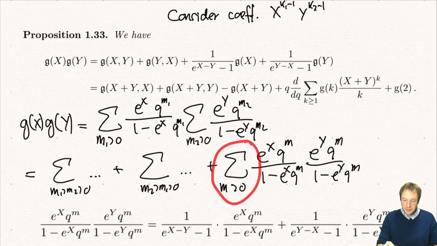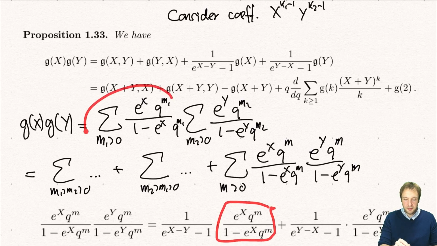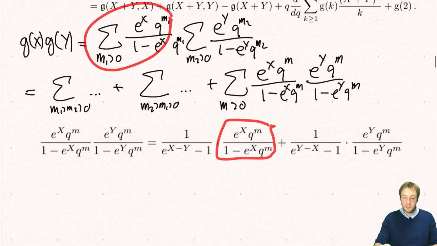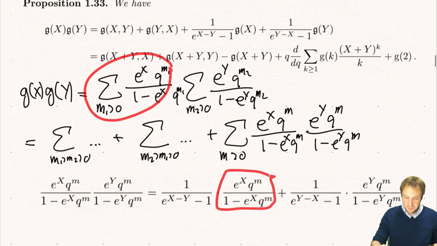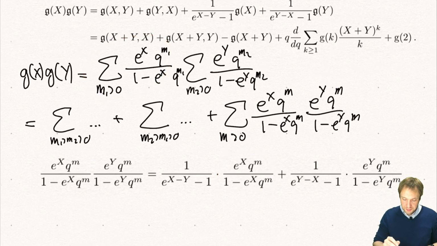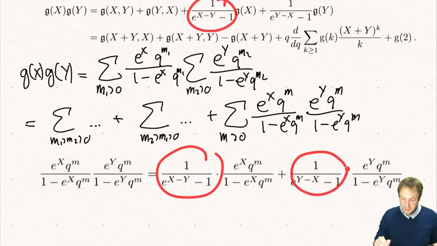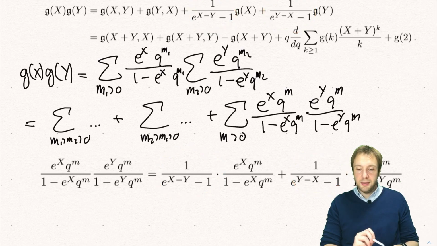And since we have the sum over m here, and the sum over m of these are just these generating series in depth 1, we see that these factors are exactly these here.